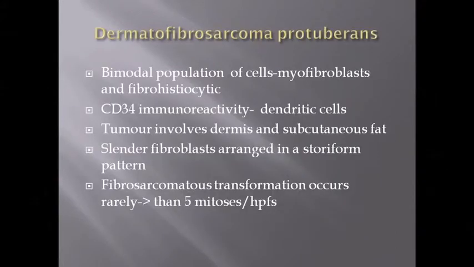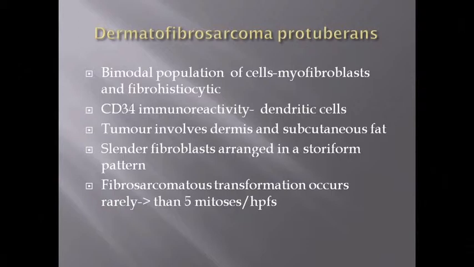And one of those not so uncommon tumors which you encounter on a day-to-day basis with regards to cutaneous spindle cell tumors. Now, it has a bimodal population of cells, because some of the cells are myofibroblasts and others are fibrohistiocytes.